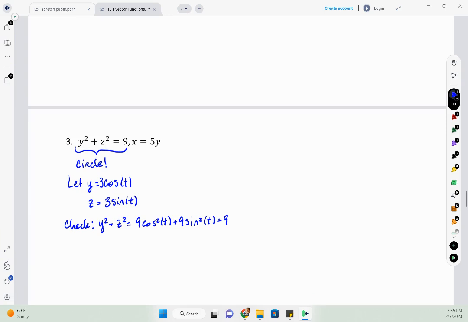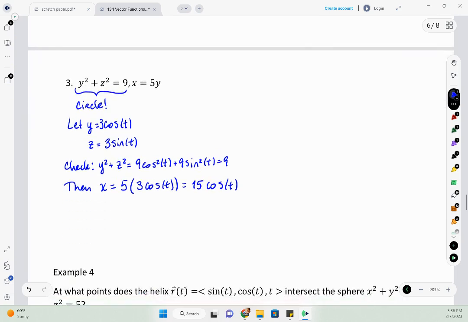So notice x is equal to 5y. Well, that means x is equal to 5 times whatever y is, and y is 3 cosine of t. So x is 15 cosine of t. And now we have our pieces. R of t is going to equal the vector with components, whoops, that's not right.